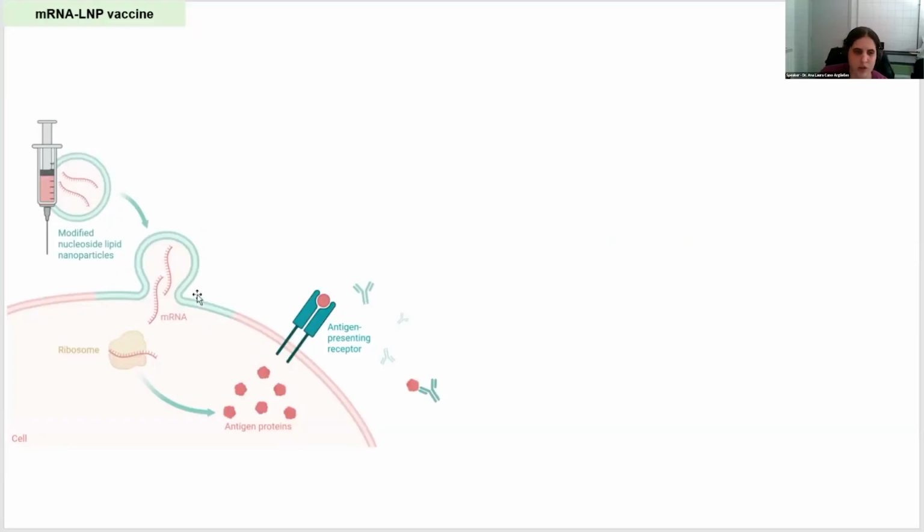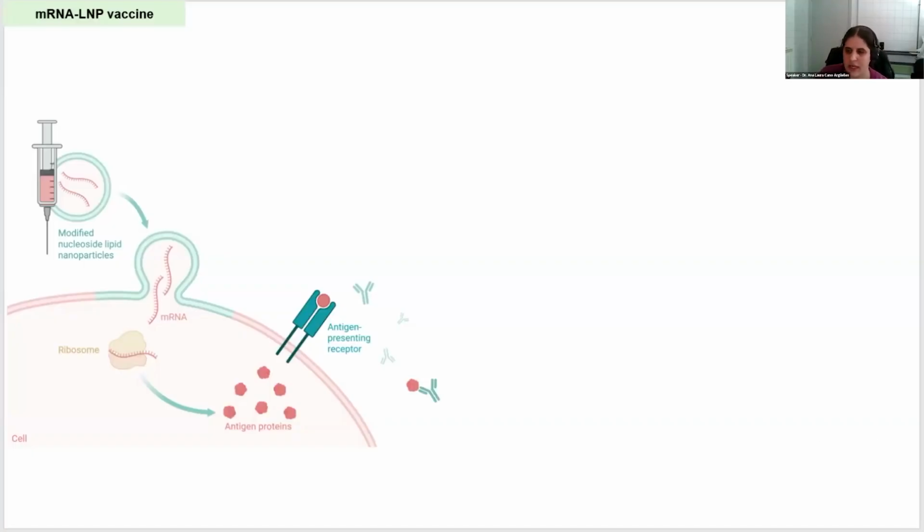They enter the host cell, and the antigens are produced with similar conformations and post-translational modifications as the native protein. This kind of modification is usually lost in bacterial expression systems. So we wanted to explore this strategy. This is an ongoing project.